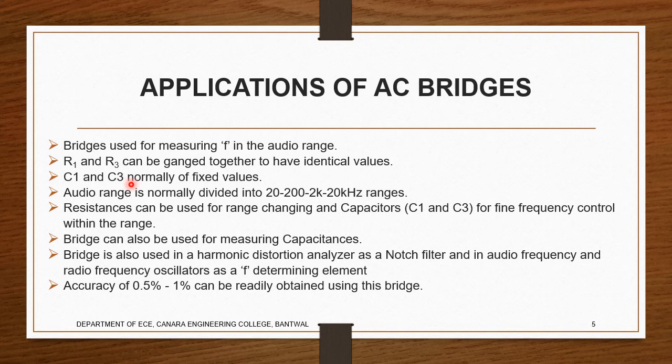As we say, we never say it as noise, but what we consider as a notch filter, we say it is like setting a range of frequencies. Next, an accuracy of 0.5% to 1% can be readily obtained using this bridge. So when compared to other bridges, this is one of the very efficient and very accurate bridges when compared to the DC bridge. Okay, so we need to look into what the benefits are here.